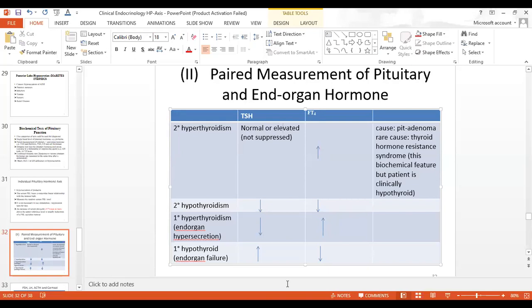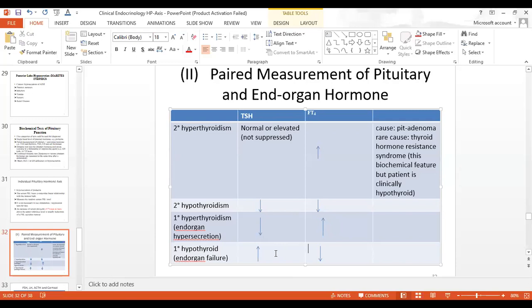So this is a case where you see low levels of thyroxine hormones and high levels of TSH. This should tell you that this patient has a primary hypothyroidism. So if you see primary hypothyroidism, that's an end organ failure. You see that the T4, which is the thyroxine hormones, are low, but the TSH levels are high.